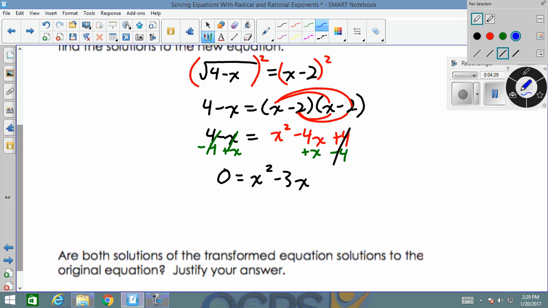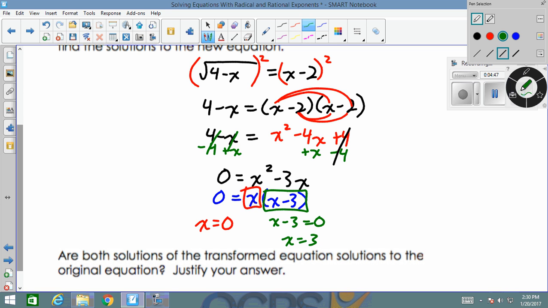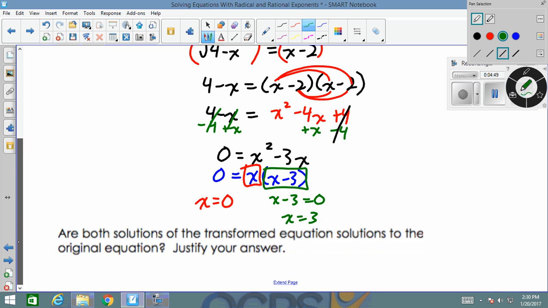And both can have an x taken out. We're going to take out the x, so it's going to leave me x minus 3. So we set this x equal to 0, so x equals 0. Then we can take this x minus 3 and also set it equal to 0, so x can also equal 3. So those are our two options, but we now have to check to see if we have extraneous solutions.